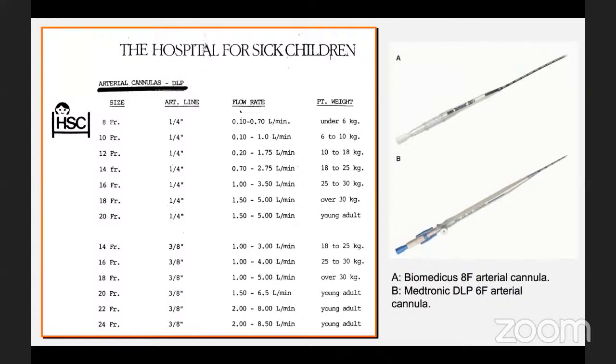Okay. So these are the flow rates that you have now, and you have even a 6 French cannula for the DLP now. The DLP 6 French is not routinely used unless you want it for arch cannulation or something. And the arterial line connectors now come even with 3/16 connectors. If you see the DLP cannula here, it is blue.